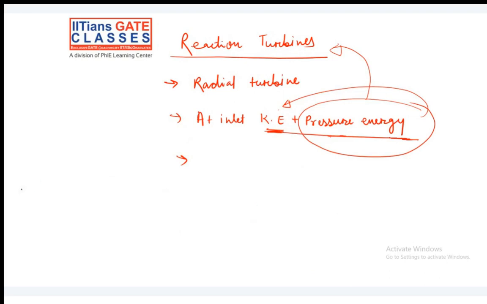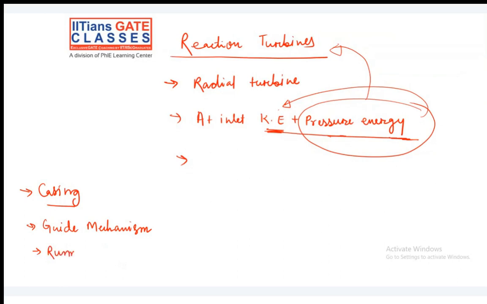So essential components of reaction turbines are: first is casing. I told you that this is an airtight chamber inside which the turbine is kept. Second thing, very important, is the guide mechanism. Third thing is the runner.